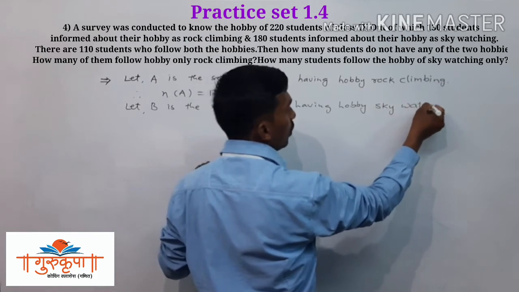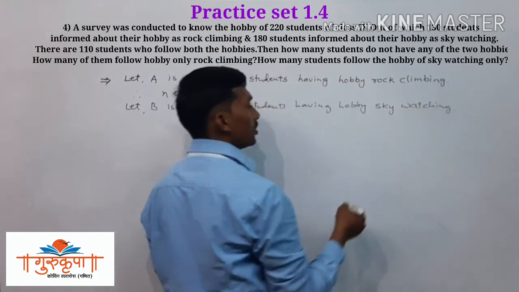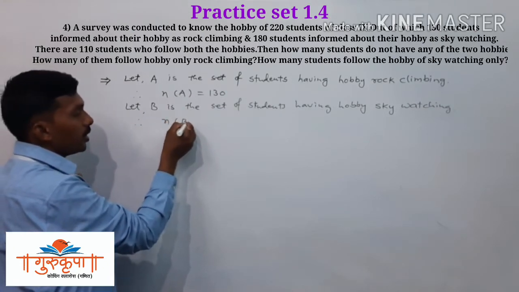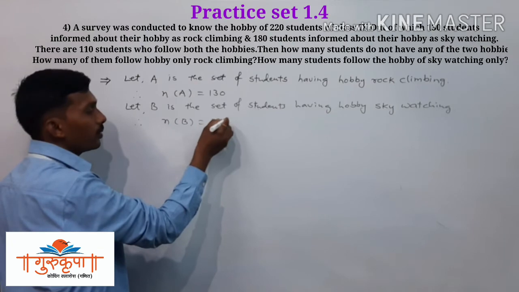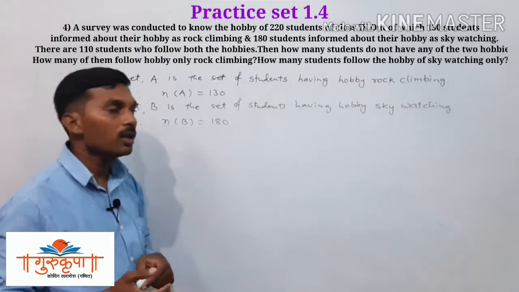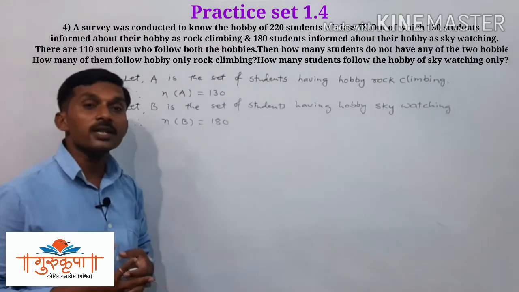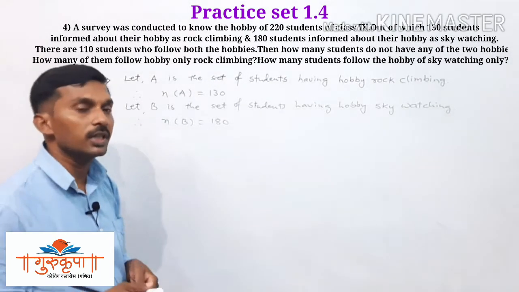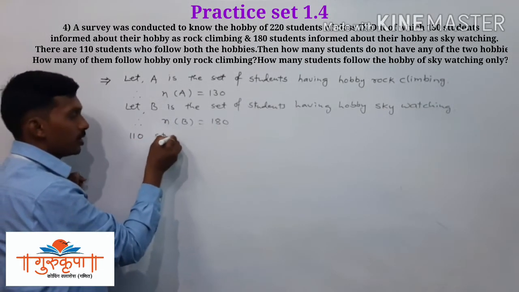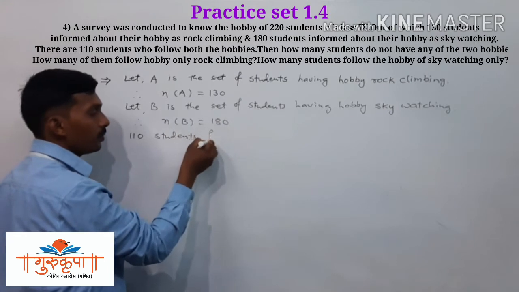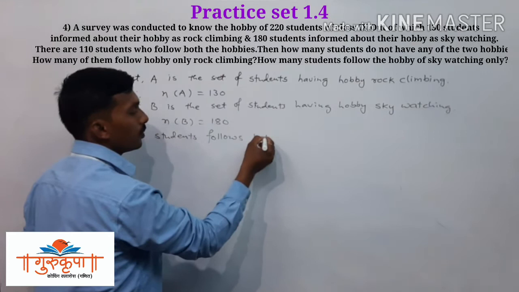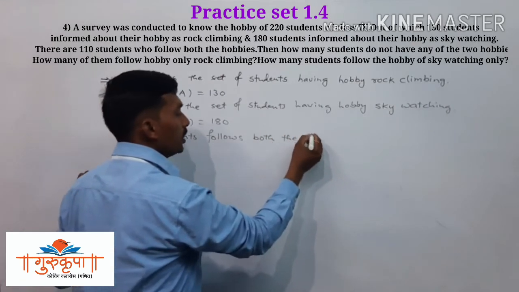It is given that 180 students have the hobby of sky watching, so number of B is equal to 180. It is given that 110 students follow both the hobbies.